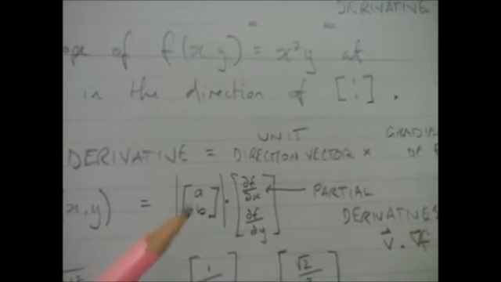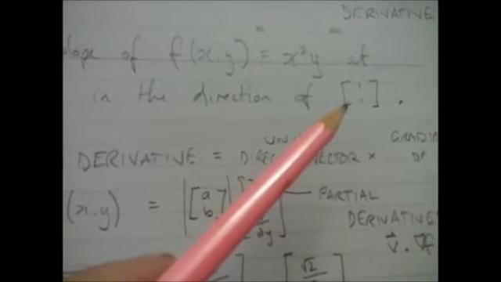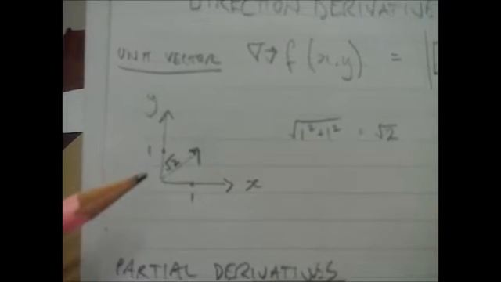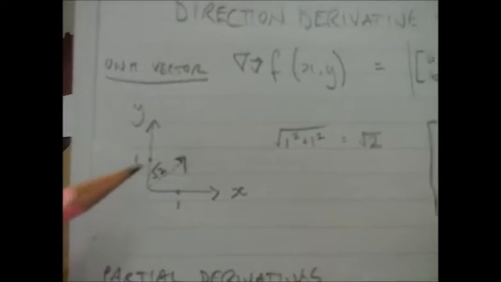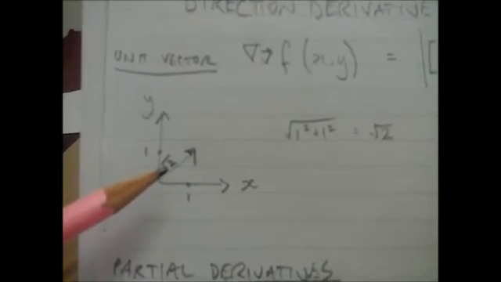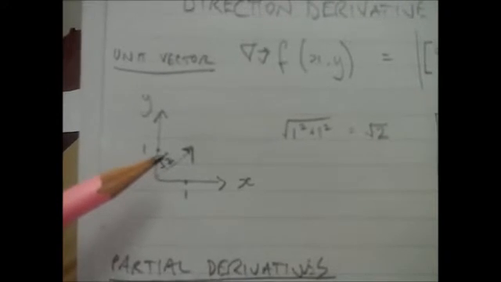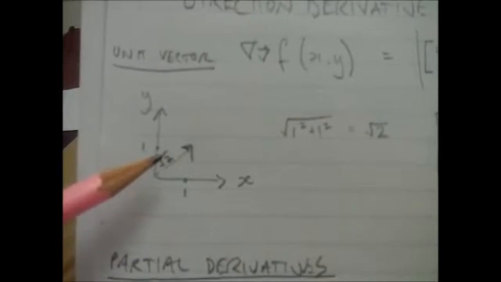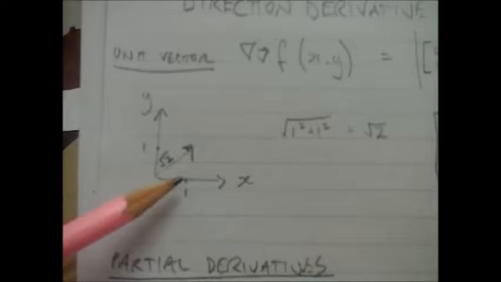But the first thing I need to do is check whether my direction vector is a unit vector. So the vector 1, 1 means I've got 1 across in the x, 1 up in the y, and I can see the length of that vector would be root 2. Root 2 is bigger than 1, so it's not a unit vector.